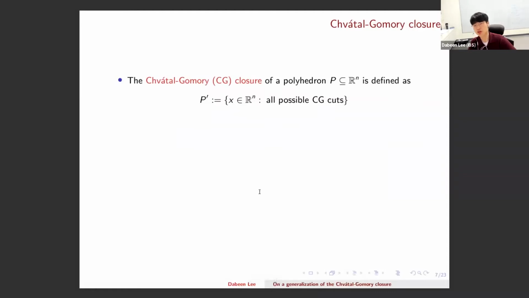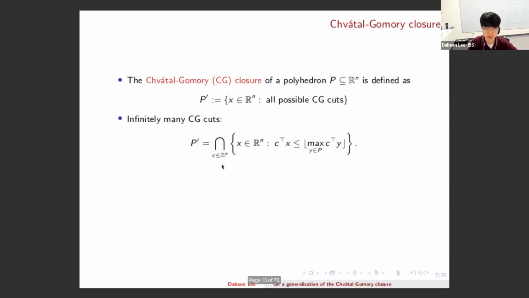Let me move to a notion of closure after defining CG cuts. That's basically, given a polyhedron P, I apply all possible CG cuts for this polyhedron. Because every integer vector corresponds to a cut, we have an infinite number of CG cuts.